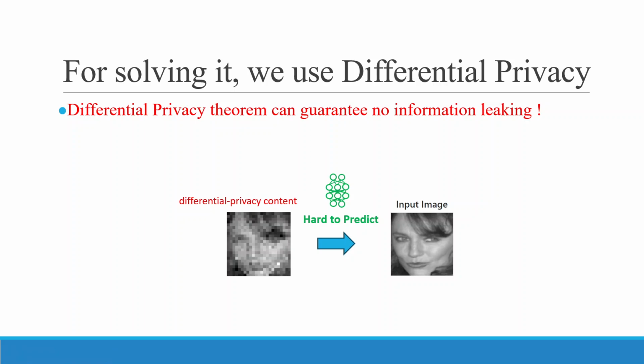And then the next question is, if you are familiar with the differential privacy theorem, you will know that differential privacy is applied only on the function and not on the data set.